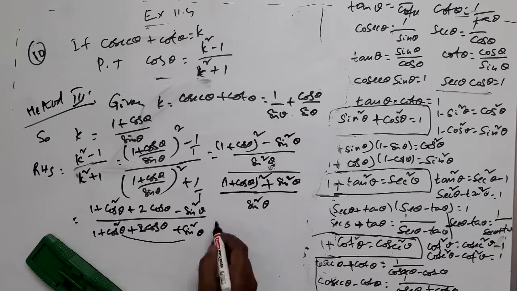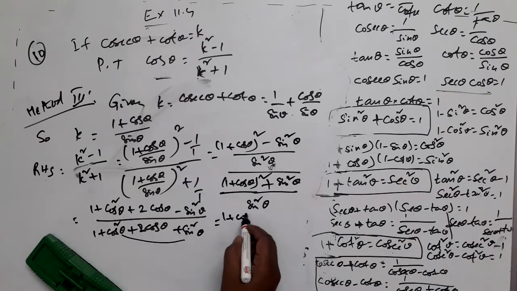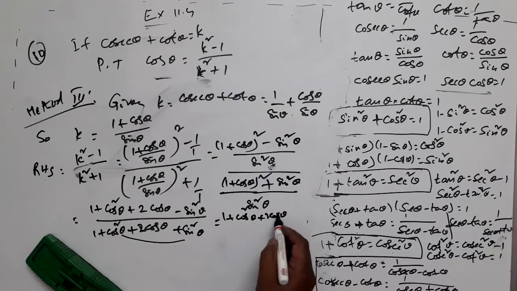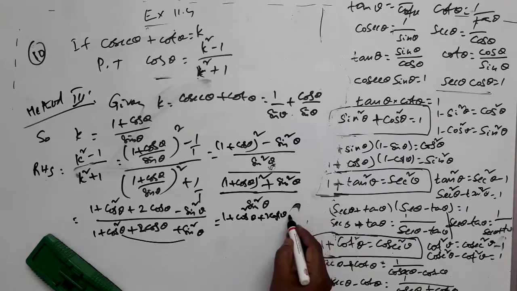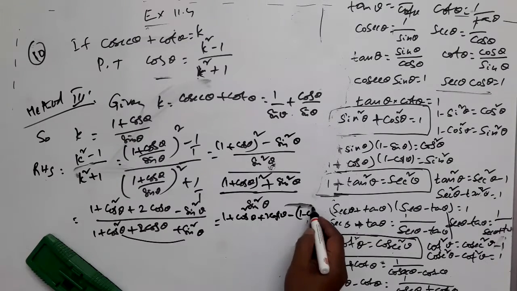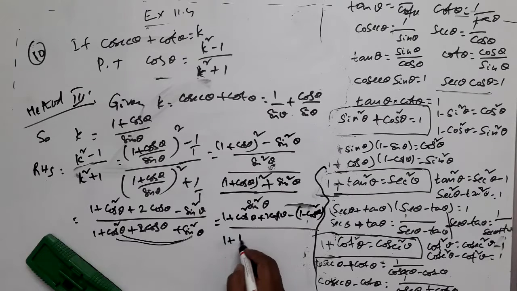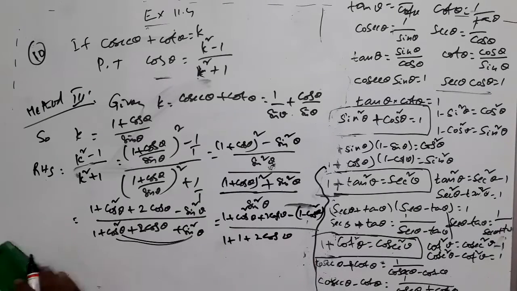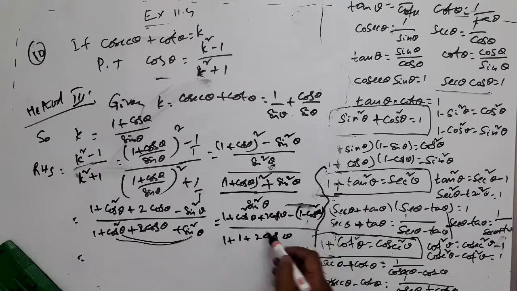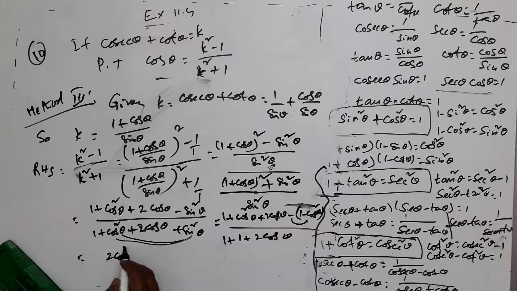So this will be 1 plus cos² θ plus 2 cos θ minus (1 minus cos² θ), by the denominator, where sin² θ plus cos² θ is 1, so 1 plus 1 is 2 plus 2 cos θ. In the numerator, 1 and minus 1 get cancelled. Minus of minus remains, plus cos² θ. Cos² θ plus cos² θ is 2 cos² θ. What is remaining here? 2 cos θ, over 2 plus 2 cos θ.